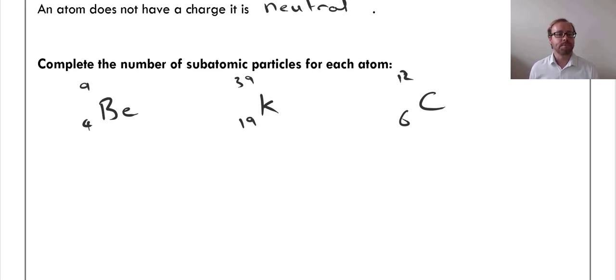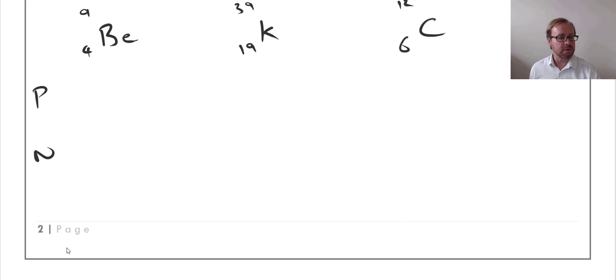Okay, right, so hopefully you got on all right. Let's have a go at working these out. So our protons, neutrons, and electrons. Hopefully you've worked out the easiest thing to do is our protons at the minute, because our protons never change, so it's equal to our atomic number, so it must be 4, potassium must be 19, carbon must be 6.